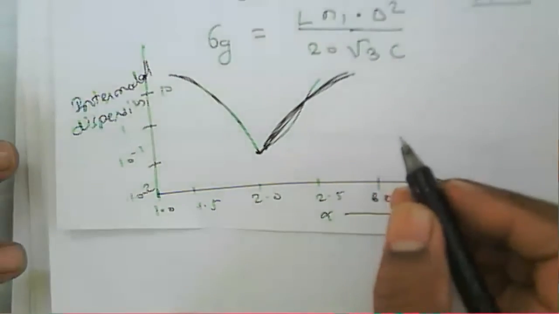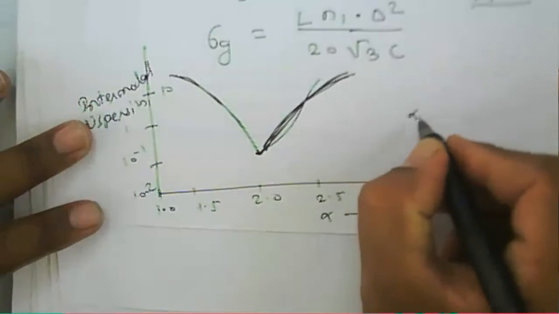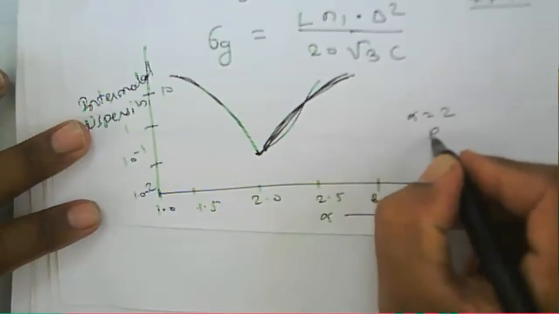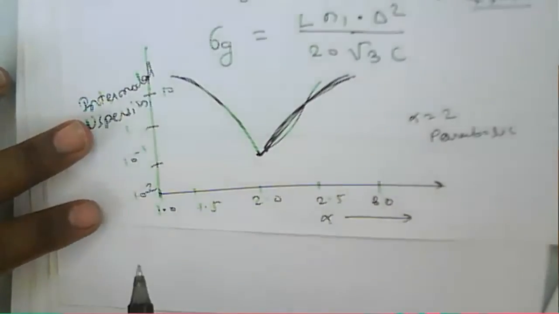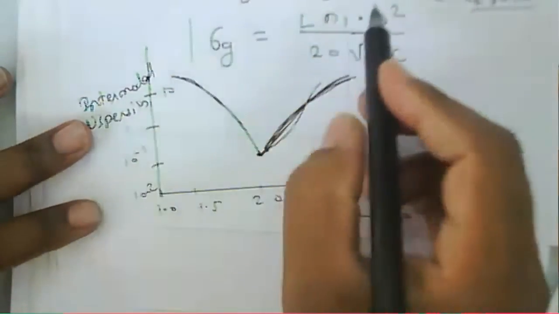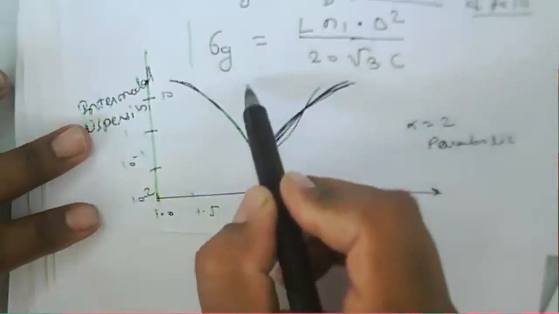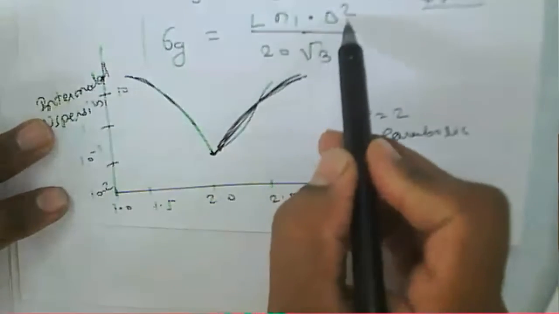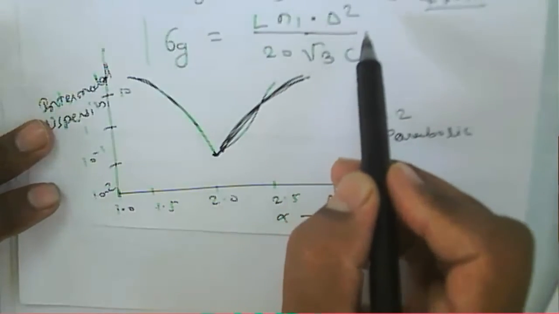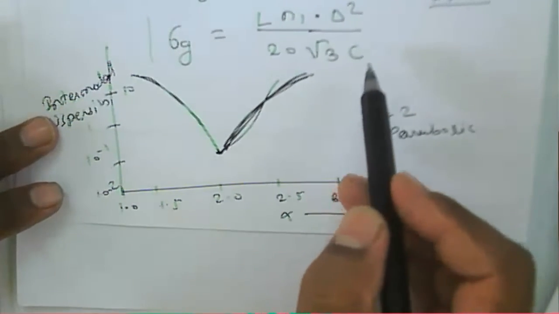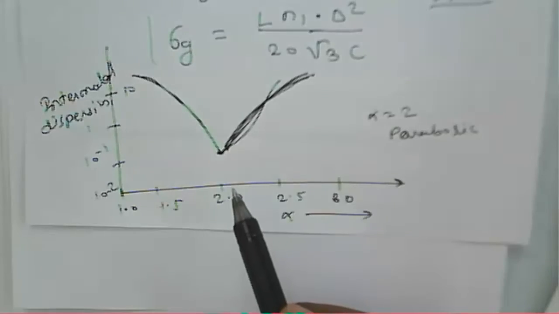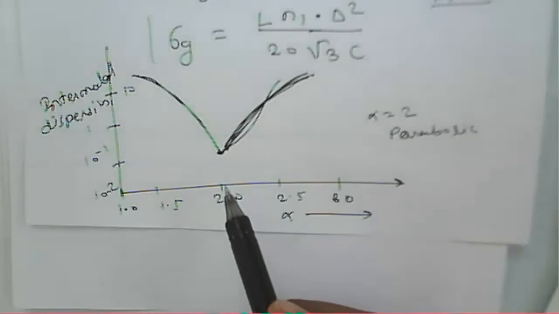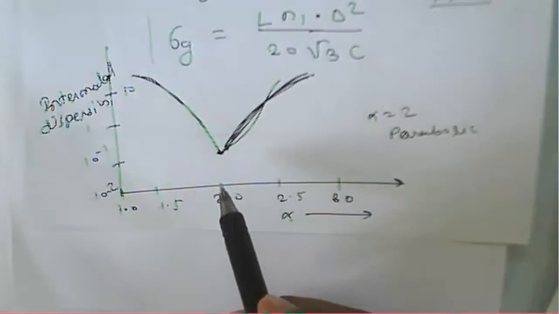So if the index profile alpha is equal to 2, that will be parabolic in nature. So this equation will tell you what the refractive index difference is, or what the nature or profile of the fiber is. According to that, the dispersion will vary here, in the case of intermodal dispersion.